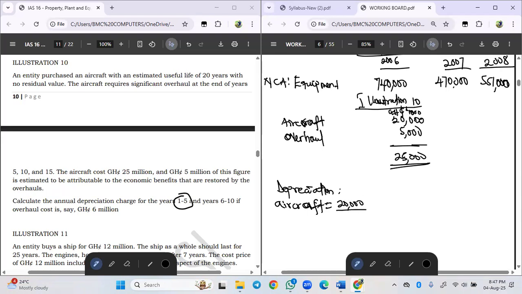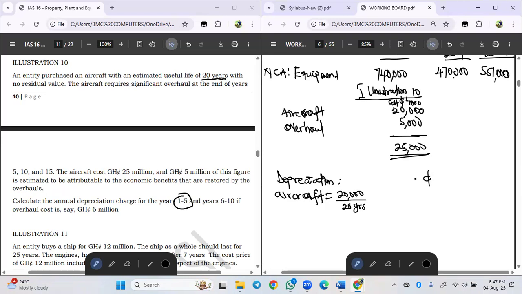It has a useful life of 20 years. So, please, what will be the depreciation charge for the aircraft? 1,000.